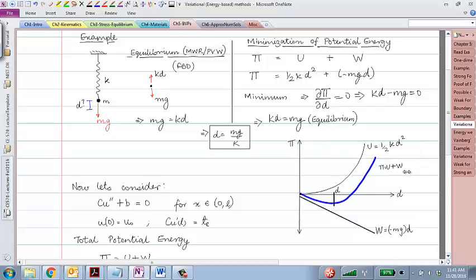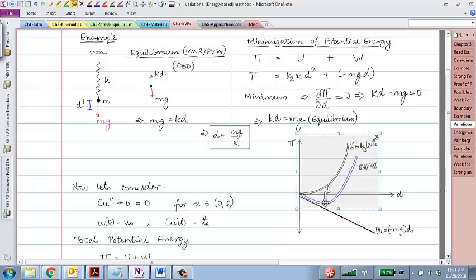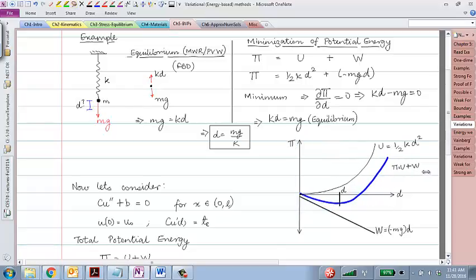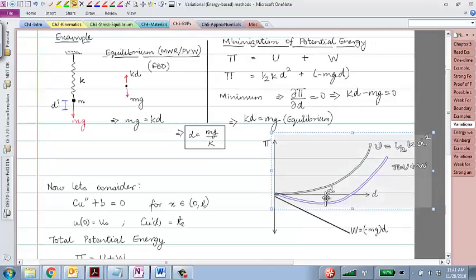So that means that the curve would move to the left, and as you can see, the displacement, this black line, would remain the same. That does not get affected by the spring. The curve moves to the left and the equilibrium displacement reduces, right? If it's a stiff spring, the equilibrium displacement is lesser. If it's a soft spring, the curve moves to the right and you have more displacement for the same thing.